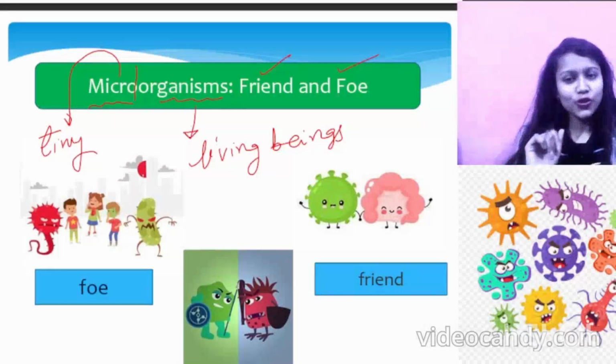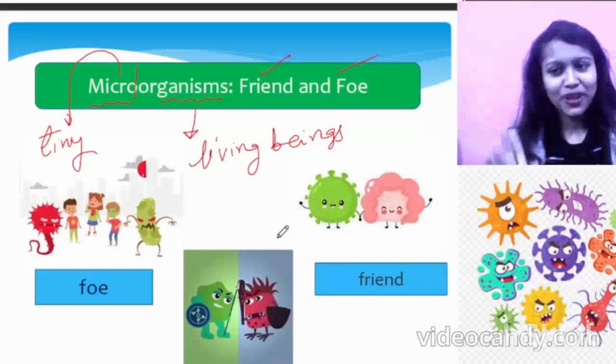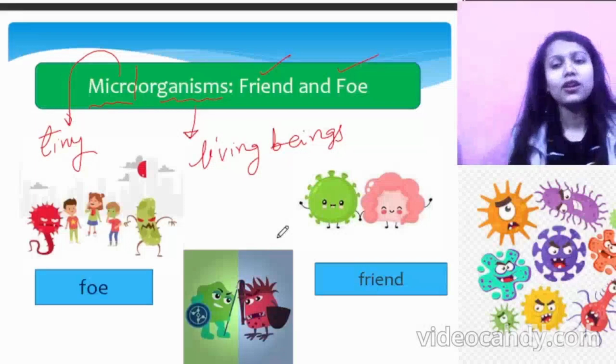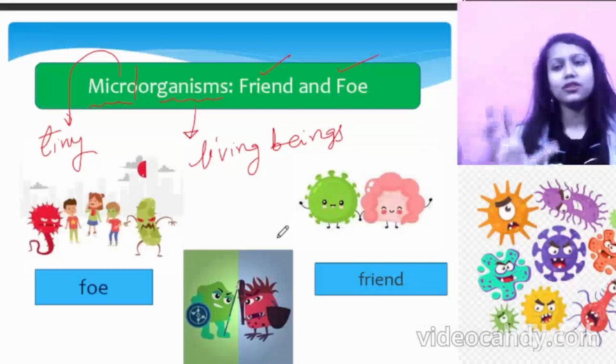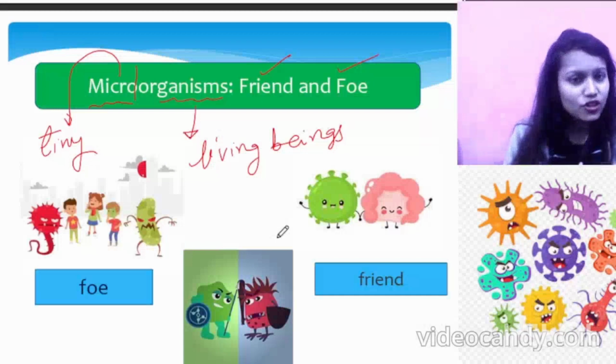Now let's move to the next part of the heading. What is it? Friend and foe. Friend you all know. You all have friends, so I don't need to explain the meaning of friend. And what is foe? Foe means the opposite of friend, those persons, those things which are not useful or beneficial for us.